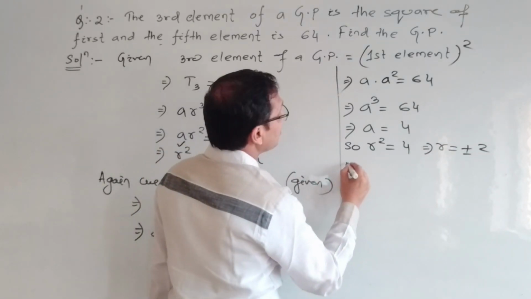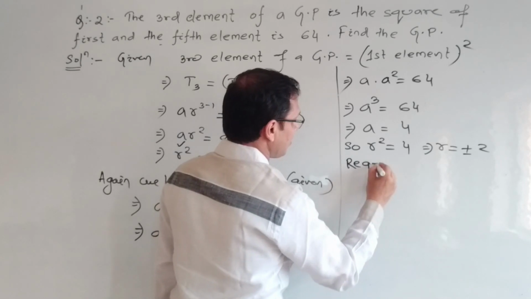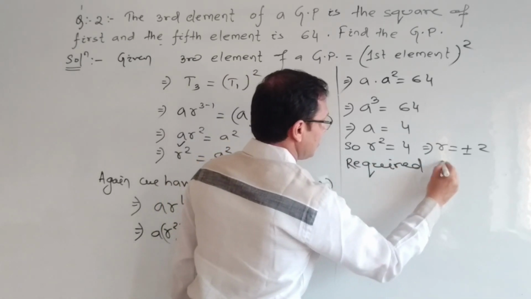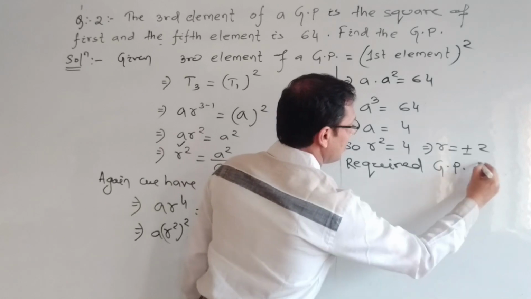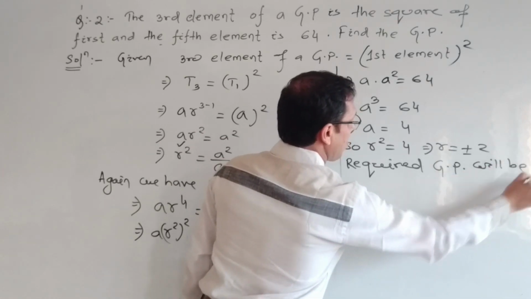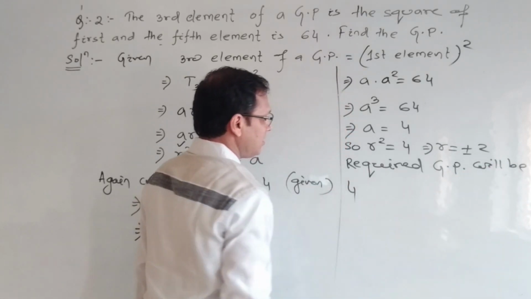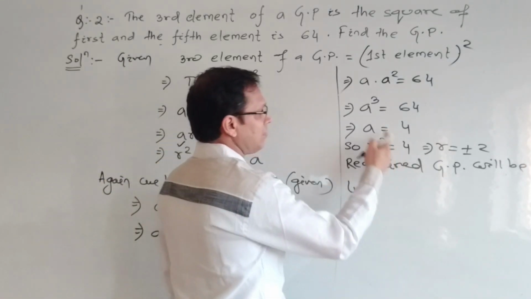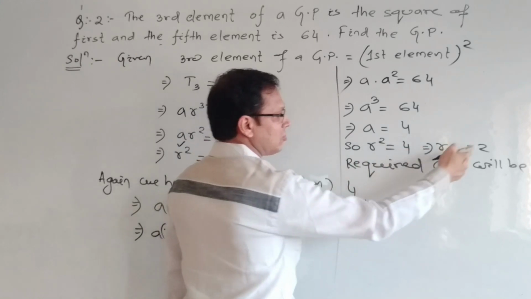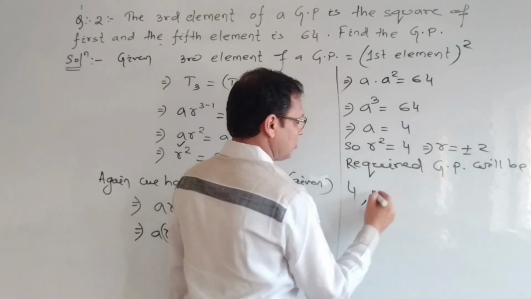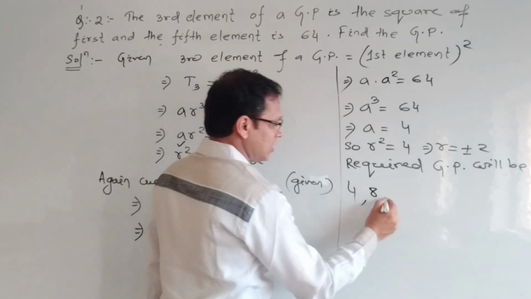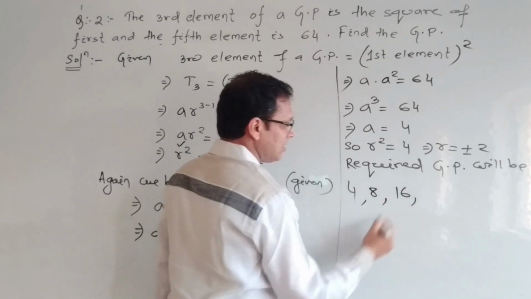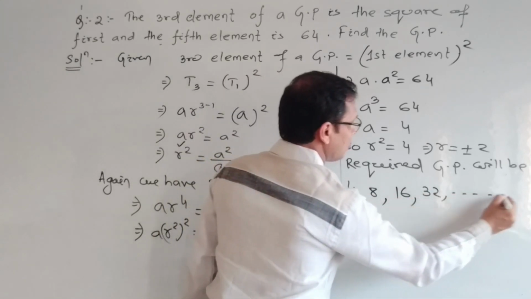Now the required GP, you can write: the first term is 4, and the next term can be obtained by multiplying by the common ratio. So if the common ratio is +2, then the GP is 4, 8, 16, 32, and so on.